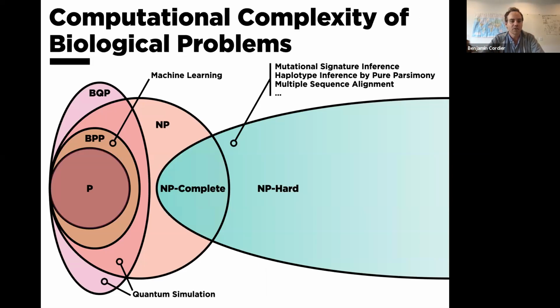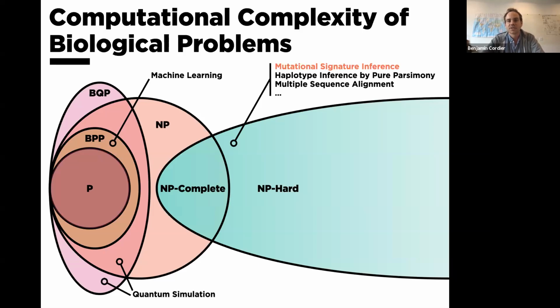Simulating molecules is exponentially difficult, but can be done efficiently with a quantum computer. And machine learning is where we often talk about the scalability challenge. This is something that is classically comfortably in BPP and that we can simulate efficiently, but once we get to very, very large data, this becomes challenging.